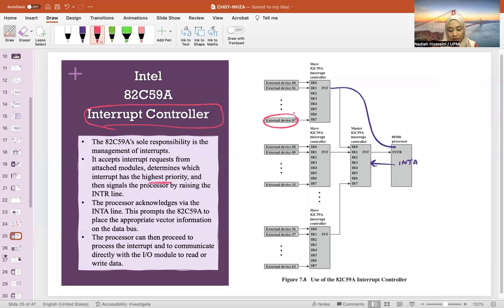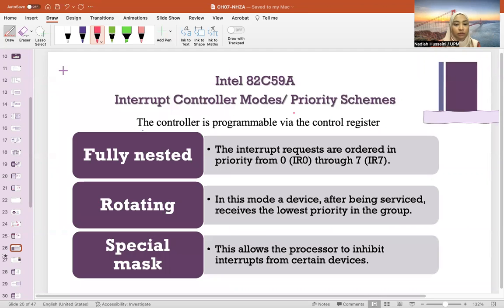Even though this device has a high priority before, after it has been serviced, if the interrupt comes from device number 7 again, it would still be considered low priority, even though typically it would be considered high. Because in the rotating mode, whatever has been serviced will be immediately considered the lowest priority in the group. So I'm not going to look at you until you have served your time, something like that.